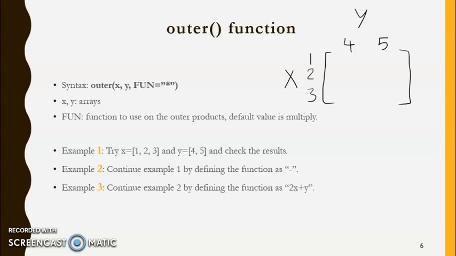Here we have 6, here we have 7, here we have 8, and finally 2 times 3, that is 6, plus 4 is 10, and here we have 11. Because as you can see, the function is 2 times x, that is 3, so 6, plus y, that is 11.